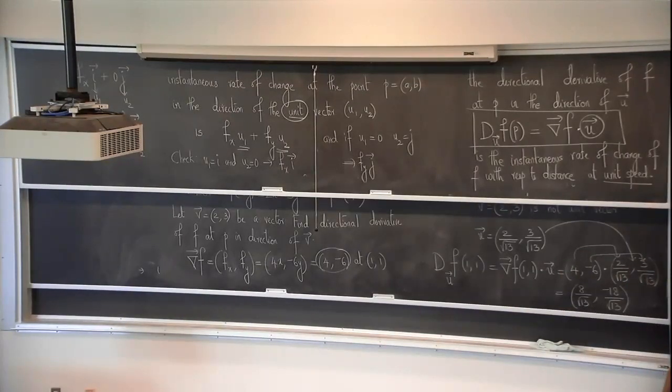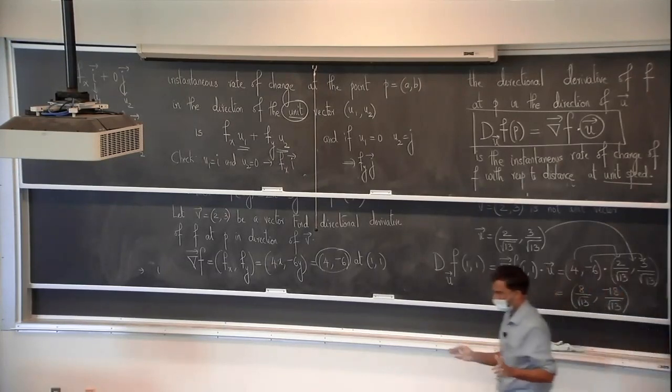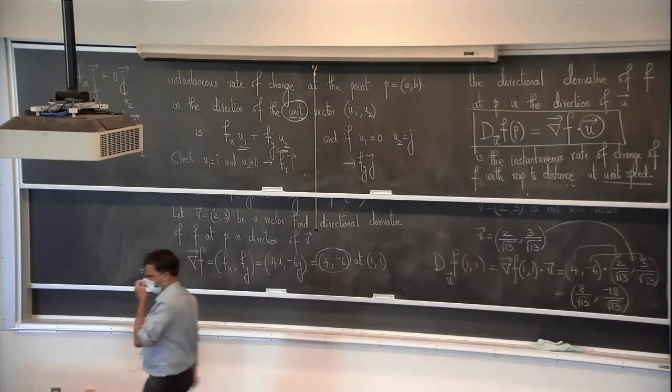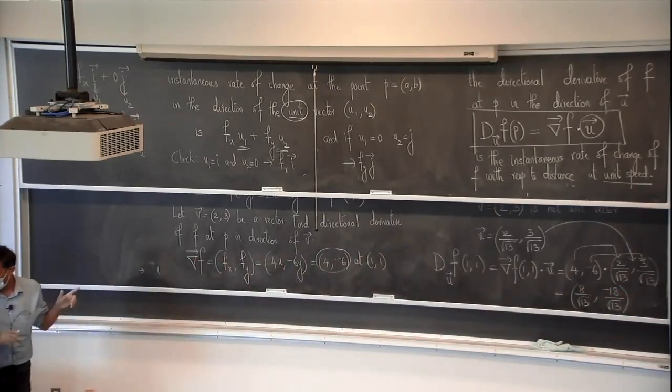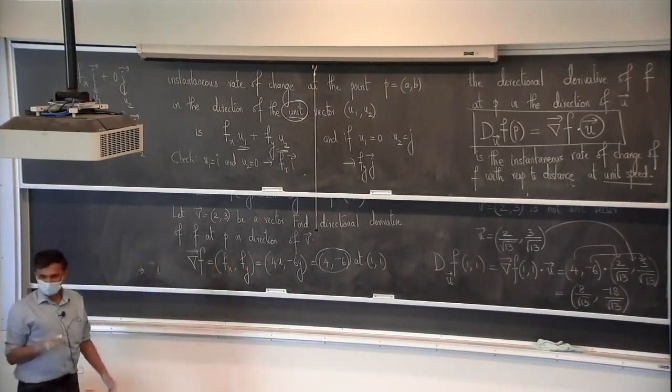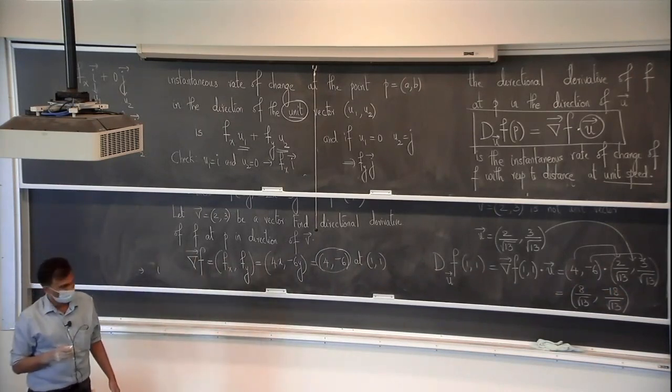What is wrong? Yes, I'm seeing a hand here. Anybody online, who wants to tell me why that is wrong, why that is absurd even? You need to add. All right, let me hear your answer now. The directional derivative should be a number, not a vector.